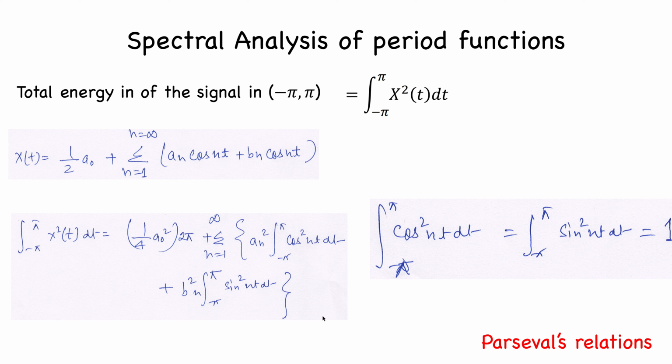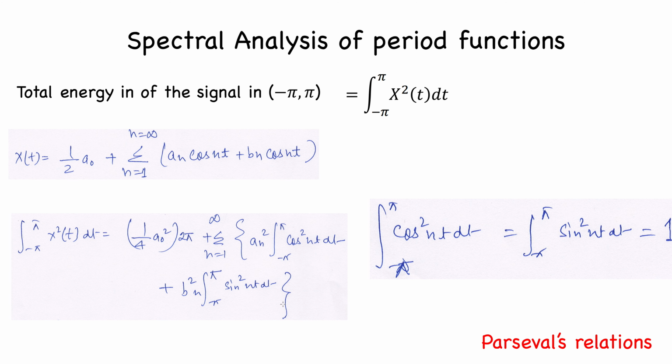But we know x(t) can be written as a_0 by 2 plus the rest, the Fourier series expansion of x(t). So you can replace x(t) from this equation to here and then do the integration. But we know from the property of cos squared nt and sin squared nt that their integral between minus pi to pi is equal to pi. So essentially these integration terms of cos squared nt dt and sin squared nt dt will become pi.